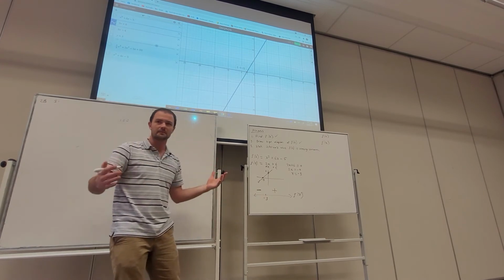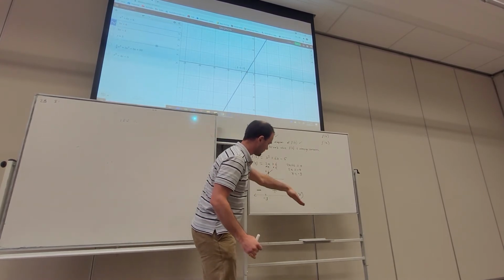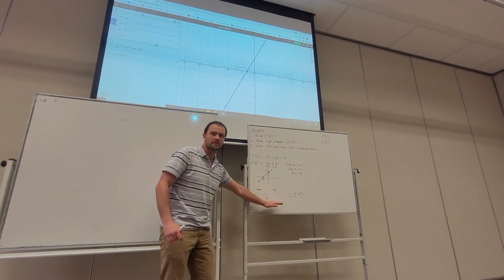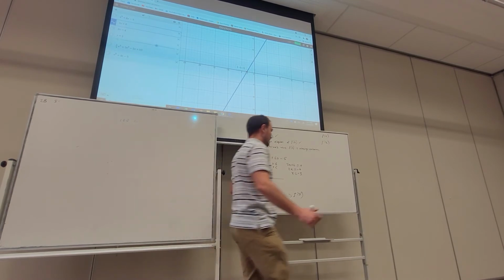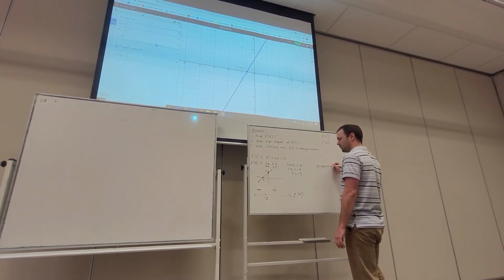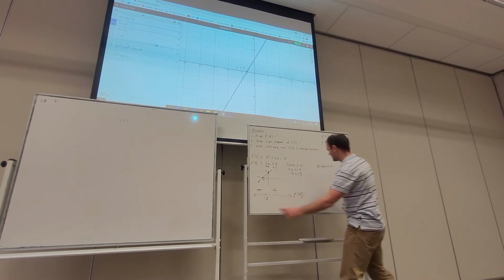If we have positive slope, it's increasing. If we have negative slope, it's decreasing. And so we're going to make our increasing, decreasing statement from this sign diagram. It's going to be decreasing when the f dash of x sign diagram is negative, so that's for values less than minus 3.